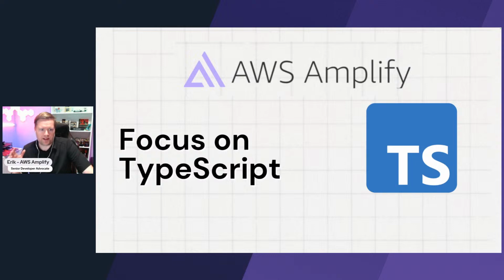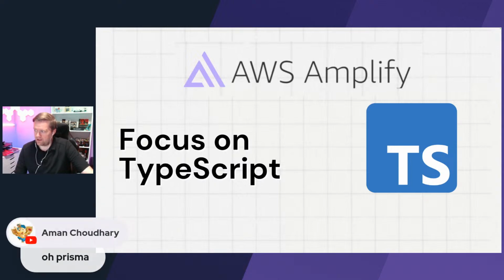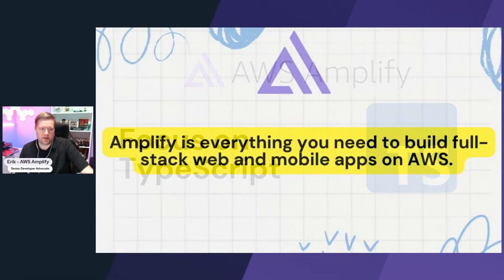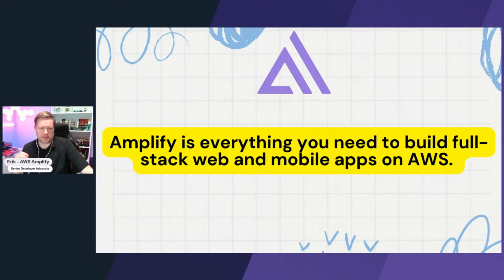So AWS Amplify, especially with the newer version, Gen 2, has a real focus on TypeScript. Prisma, someone mentioned. Yes, Prisma has that. So yeah, AWS Amplify has a focus on TypeScript. What Amplify is, is basically a set of tools to help front-end developers create full-stack apps using AWS services.